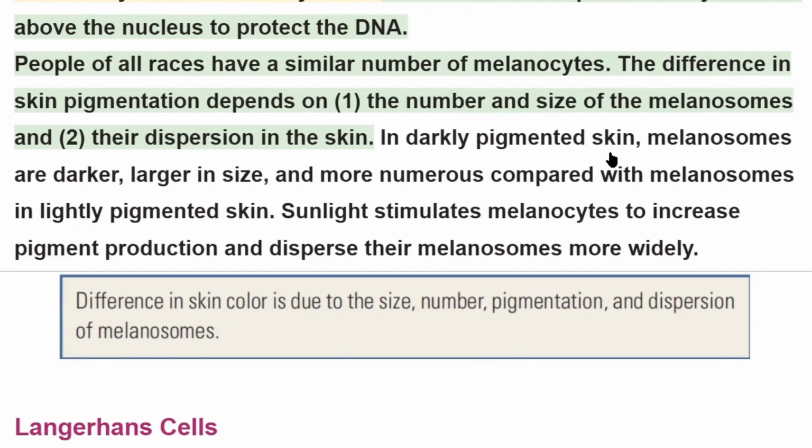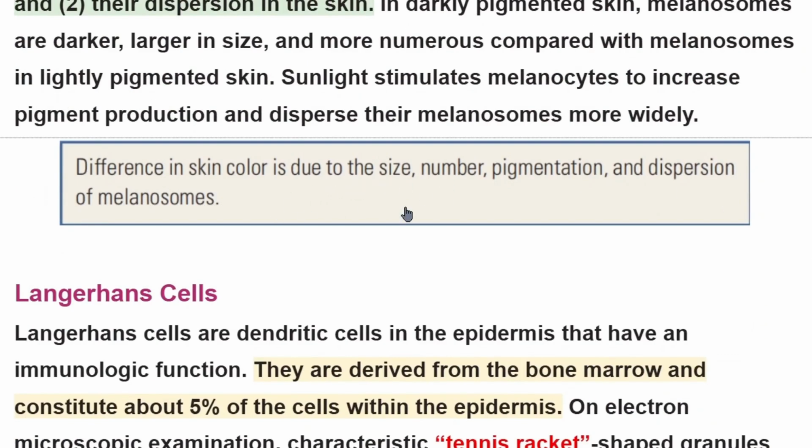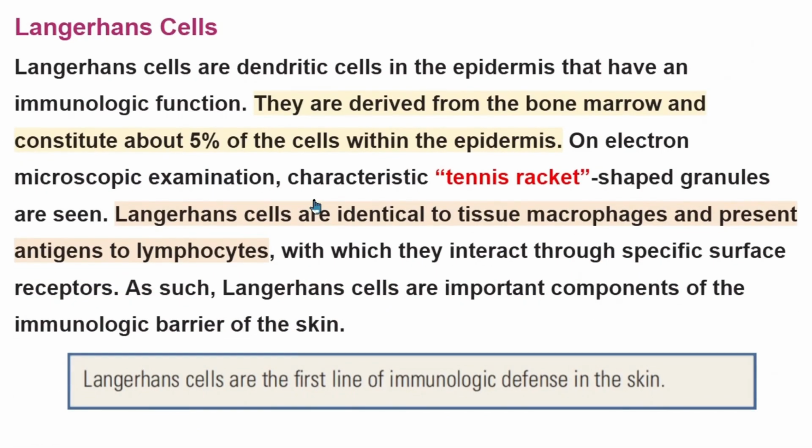In darkly pigmented skin, melanosomes are darker, larger in size, and more numerous compared with melanosomes in lightly pigmented skin. Sunlight stimulates melanocytes to increase pigment production and disperse their melanosomes more widely. Difference in skin color is due to the size, number, pigmentation, and dispersion of melanosomes.